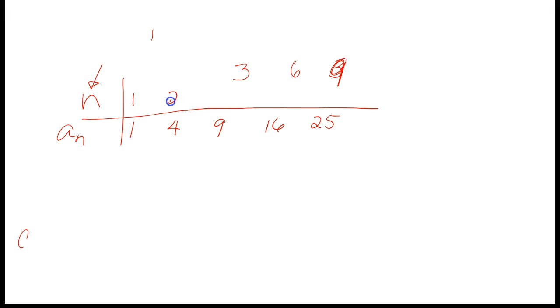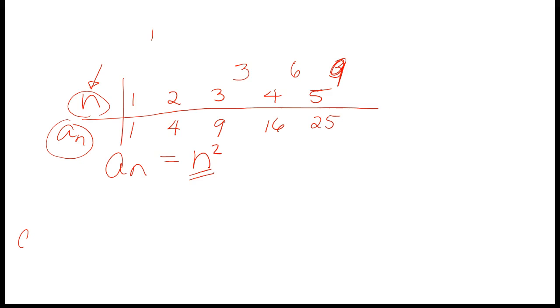This is the first term, the second term, the third term, the fourth term, the fifth. Now see if you can relate the term to its position. I think you would see that an is actually n squared. This is explicit. It's based on its position.